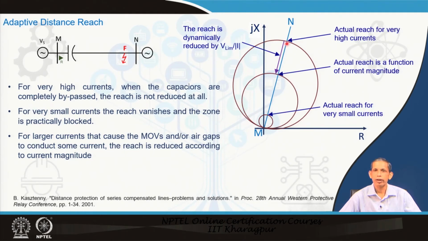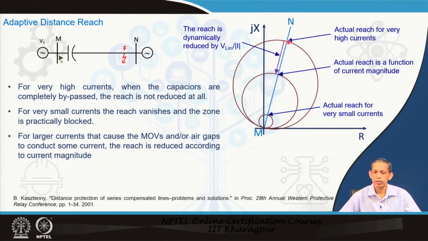So, this is what we call adaptive. Adaptive means in accordance with the system condition. We will have more elaboration on the concept of adaptive in the later part of the course. Now, here what we say is that if the fault current is larger, then there is no role played by this x c, so you have the normal setting.